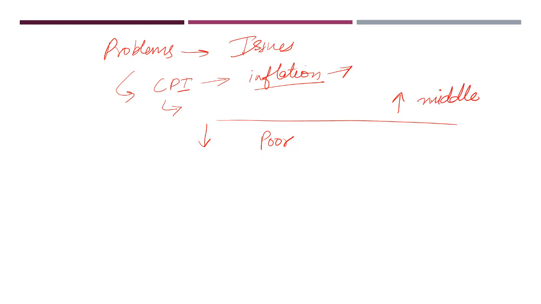Because the data which we are using, the commodities which we are using, they are now faulty. People are not using these commodities anymore. So again, the amount of poverty which is existing in the country, you will not be able to determine it in an accurate manner.